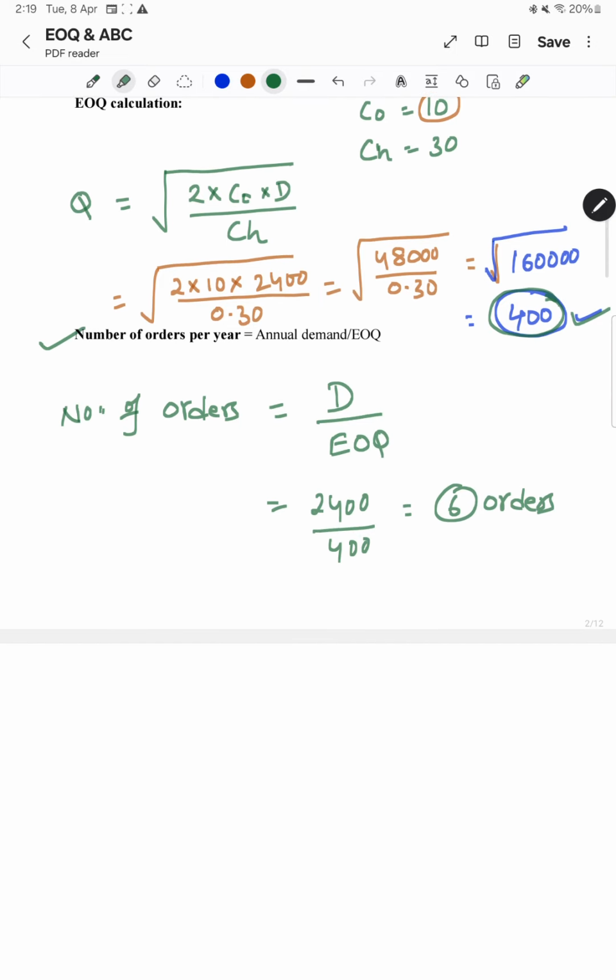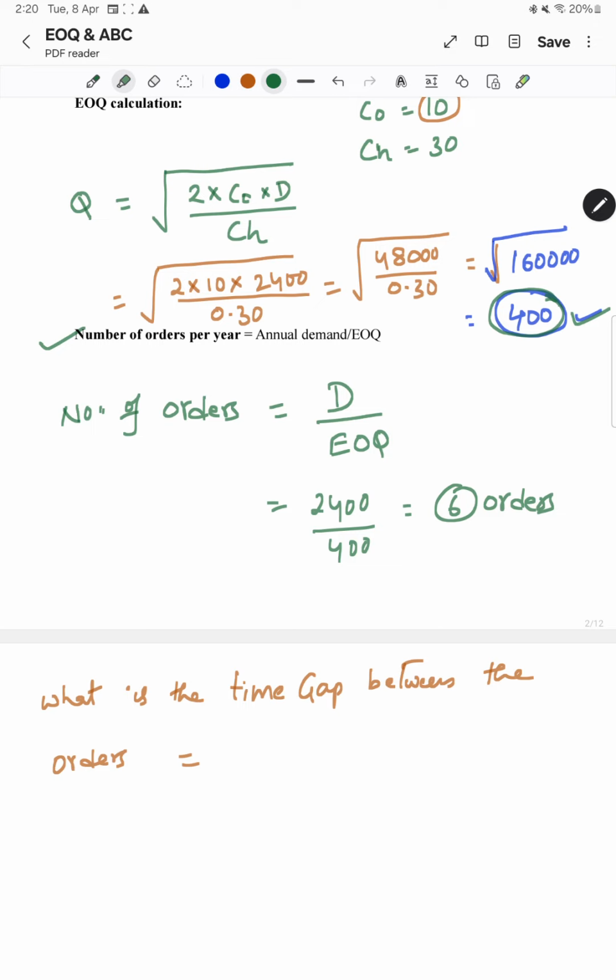We might ask you one more question in the same question in the exam: what is the time gap between the orders? This is the total time.